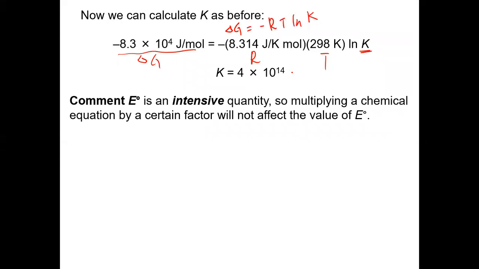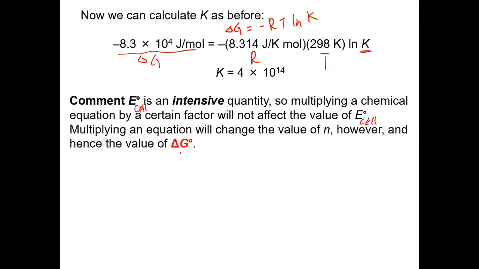Okay, the comment about this question is that E0, or sometimes we just say the E cell, is an intensive property. Multiplying a chemical equation by some number will not affect the value of E0 cell.